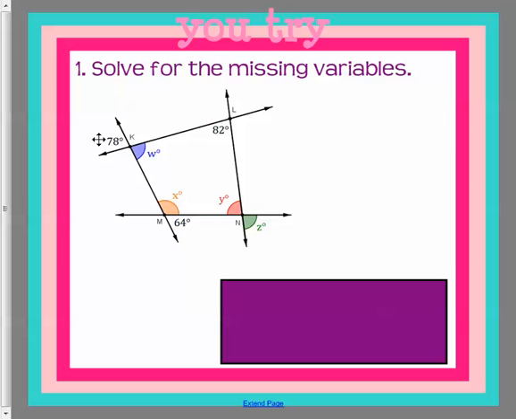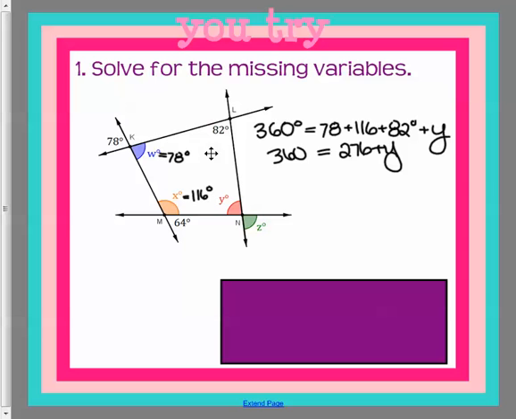All right, so if we look at this one, angle 78 is vertical, so W equals 78 degrees. If we look at angle 64 here, it forms a supplementary line, so angle X is 116 degrees. Now, think back to our quadrilaterals. We know they equal 360 degrees.